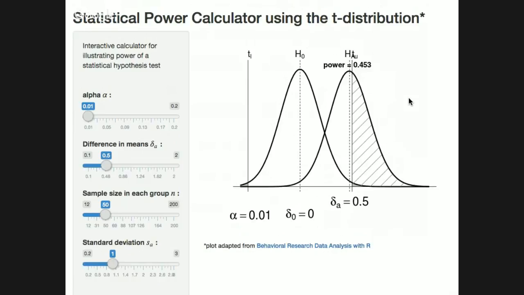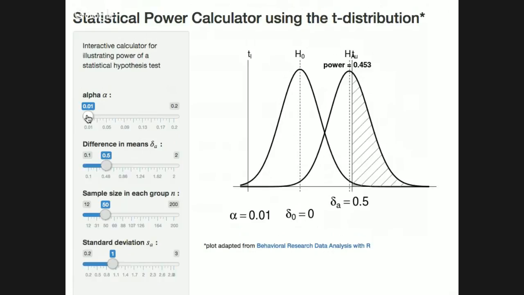So this makes sense, right? If you want to be extremely confident that you will not reject the null when the null is true, it also makes it more likely that you're going to fail to reject the null when the null is false.